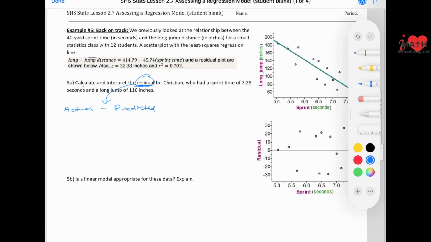If you write down his equation, so y hat equals 414.79 minus 45.74x, and 7.25. 7.25 is your sprint time measured in seconds, right?